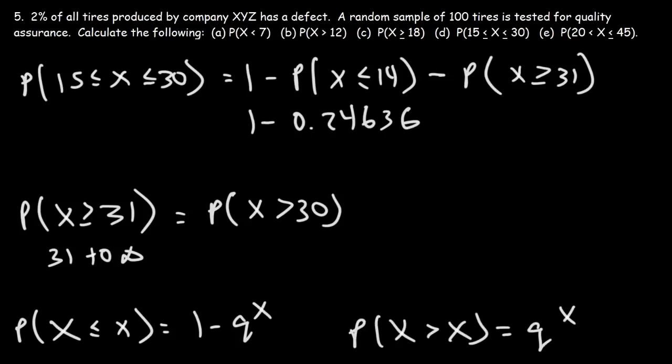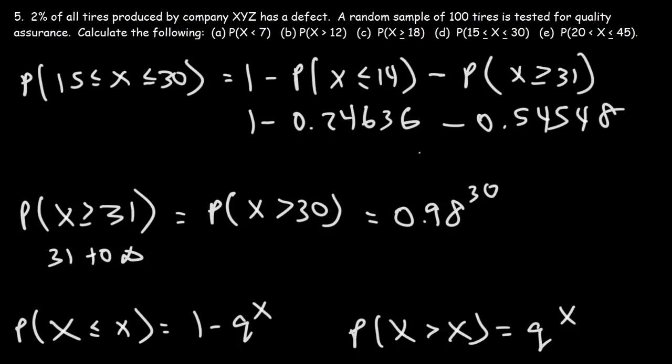It's simply q to the x. So that's going to be 0.98 to the 30th power, which is 0.54548.